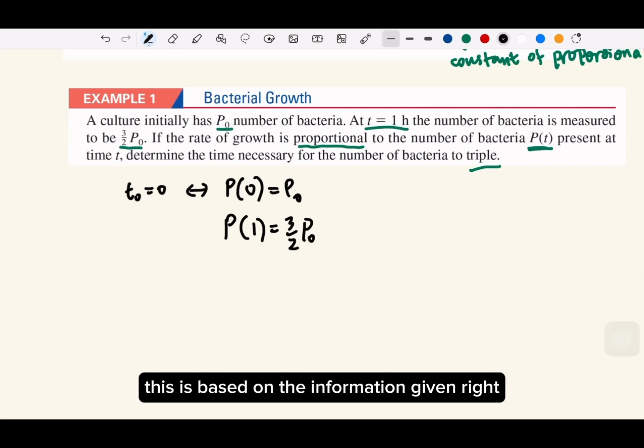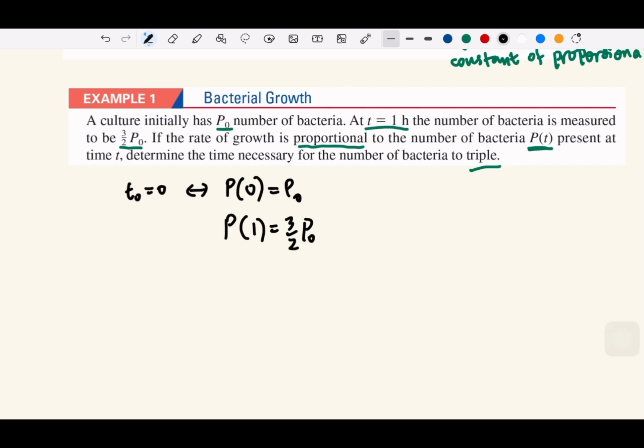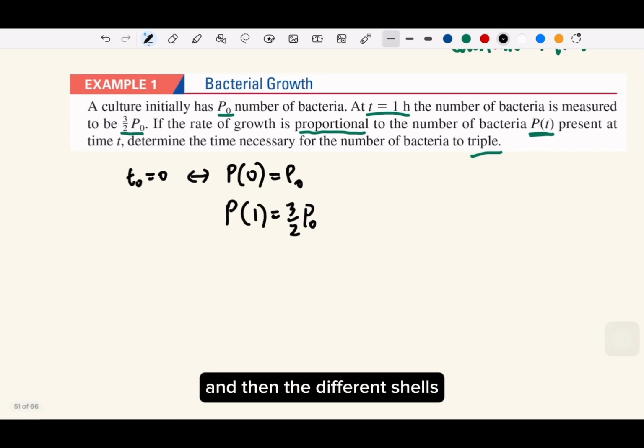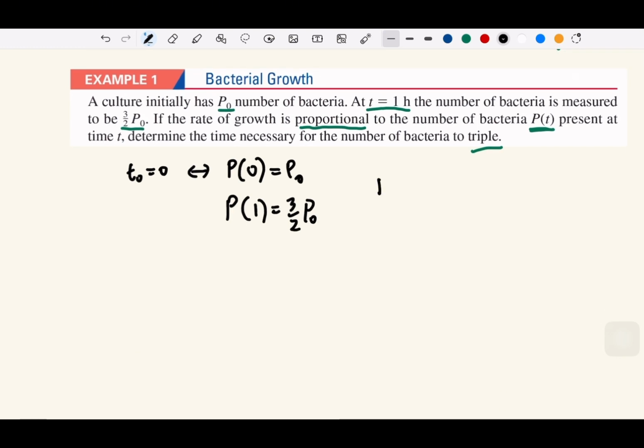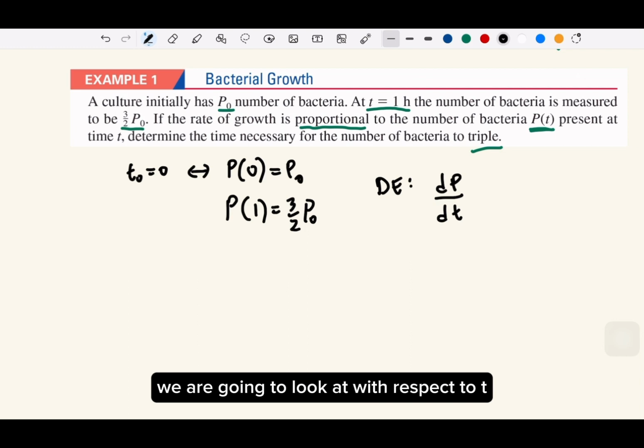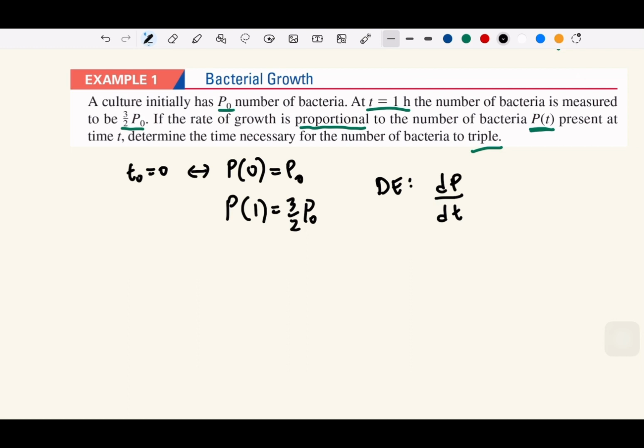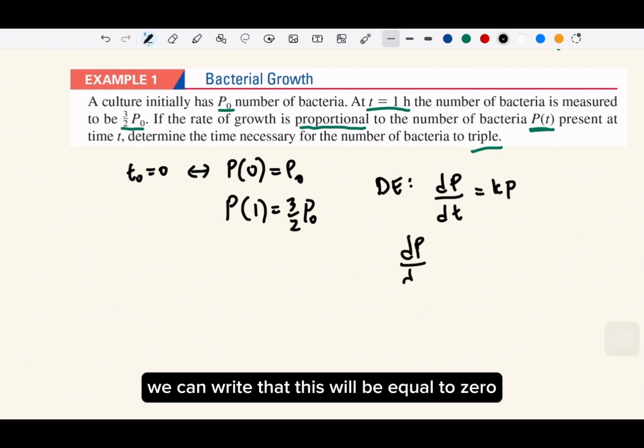This is based on the information given. And then the differential equation will be dp dt with respect to t equal to kp, or we can write that dp/dt minus kp is equal to 0.